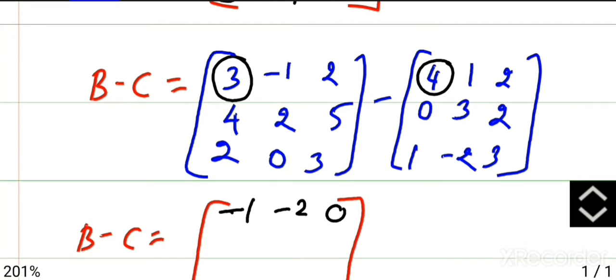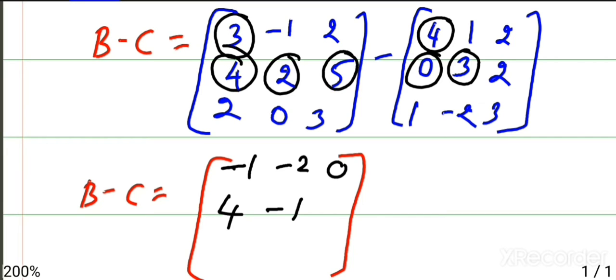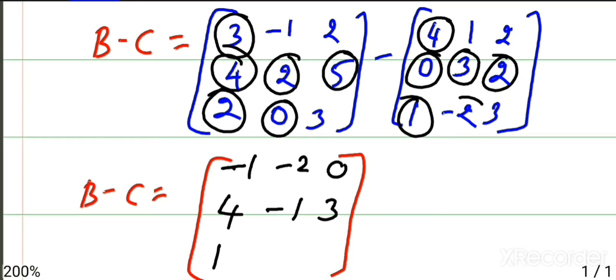Then next line, 4 minus 0 is 4. 2 minus 3 will be minus 1. 5 minus 2 is 3. 2 minus 1 is 1. 0 minus of minus will become plus 2. 3 minus 3 is 0. So we found the value of B minus C.